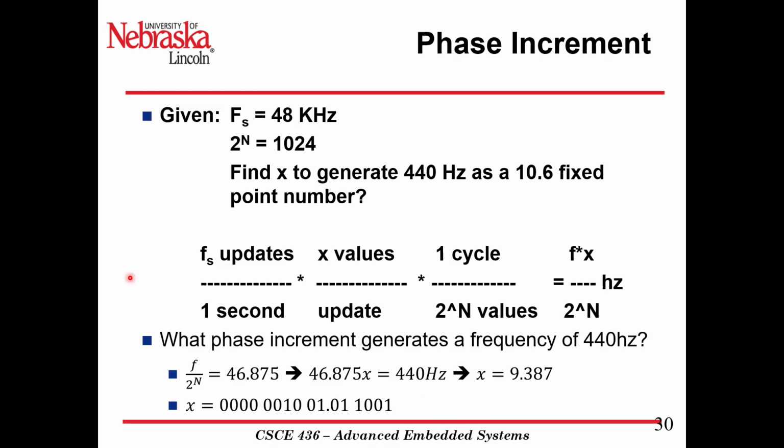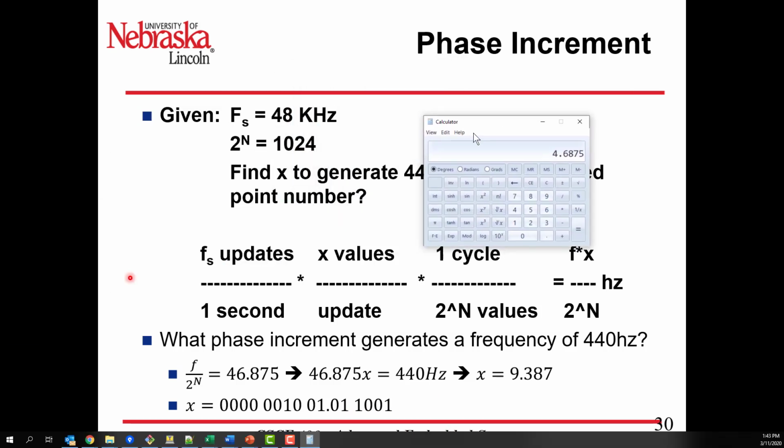If I wanted to do this, if I didn't want to work it out in fractions, I could take 9.387 and divide it out to figure out those binary digits. I can multiply 9.387 times 2 to the power of 6 to shift that radix point over, so we get 600.768.